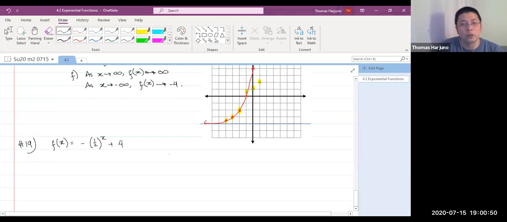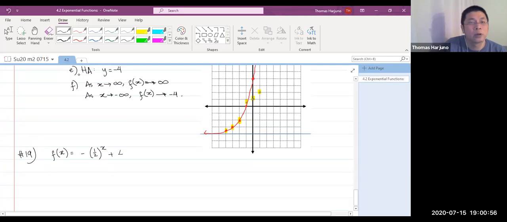The sketch will be, let's start from 1/2 to the x first. 1/2 to the x, we know will be something like this. Now what happens if I put a negative in front of that?